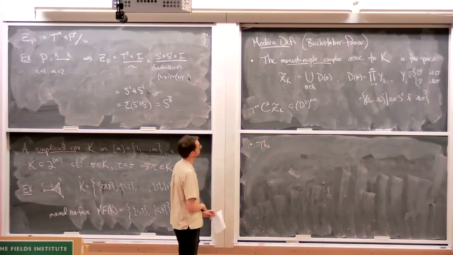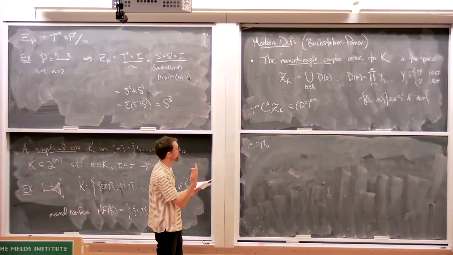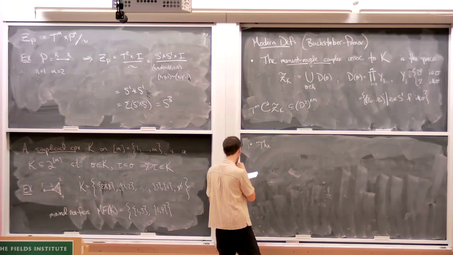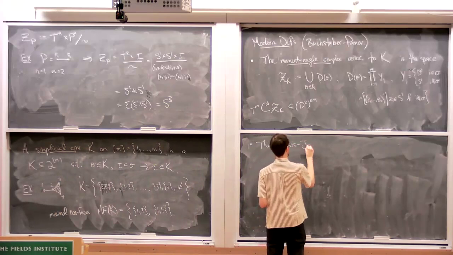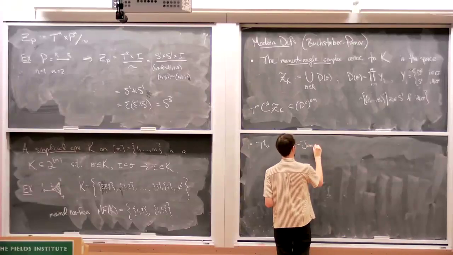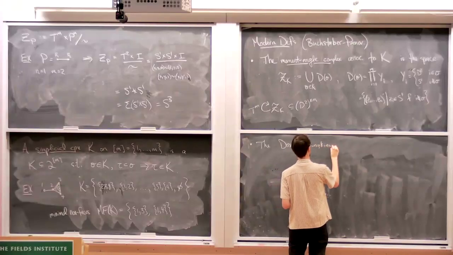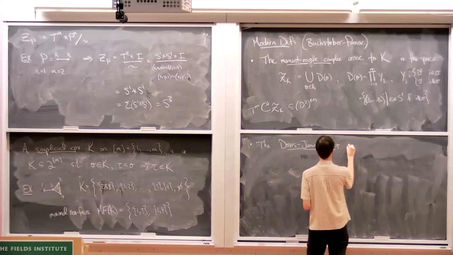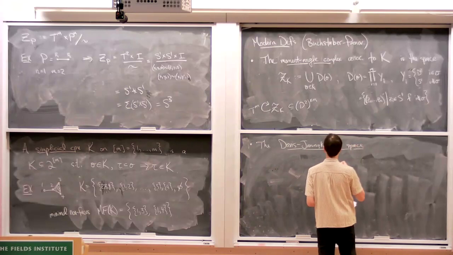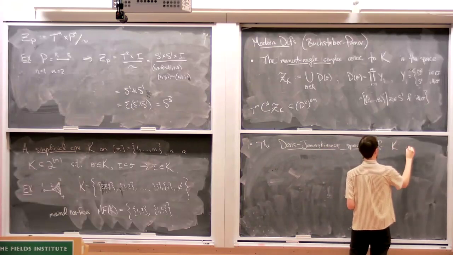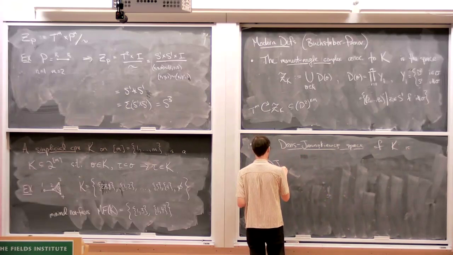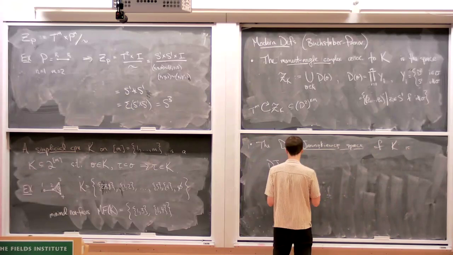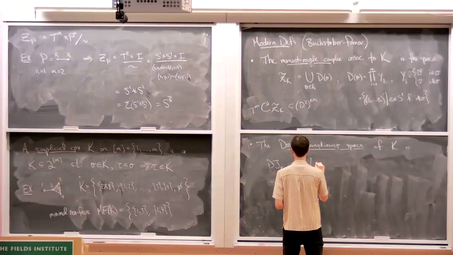The Davis-Januszkiewicz space before was defined as the homotopy quotient or Borel construction of some torus action. But Buchstaber and Panov say the Davis-Januszkiewicz space of K is defined very similarly. So DJ of K is the exact same kind of colimit.